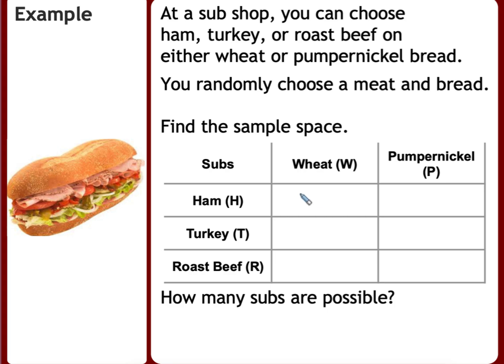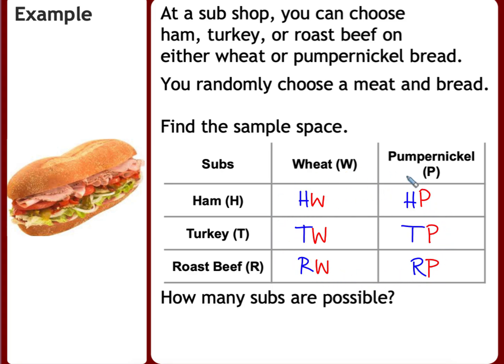And it works out pretty easily. So here are my rows for ham, turkey, roast beef, and now I fill in my bread. So ham on wheat, ham on pumpernickel, turkey on wheat, turkey on pumpernickel, roast beef on wheat, roast beef on pumpernickel. So a table is a nice clean way to do it.